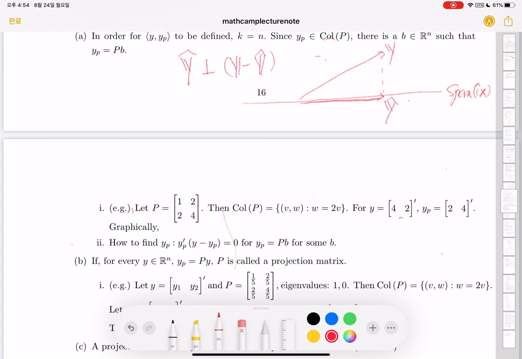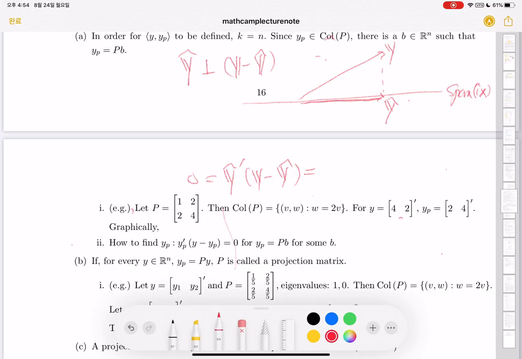All right. Since this is orthogonal, y hat prime times y minus y hat is 0. And what is our y hat? Y hat is x beta hat.